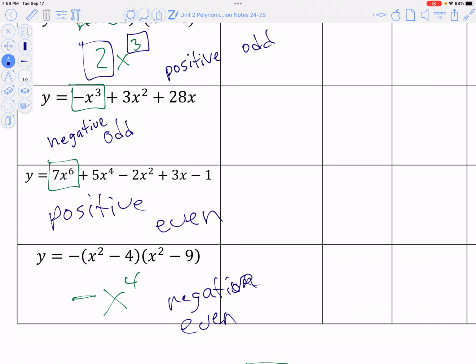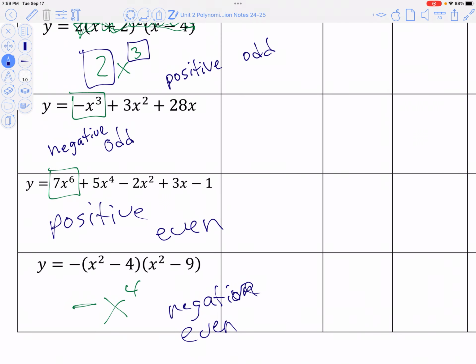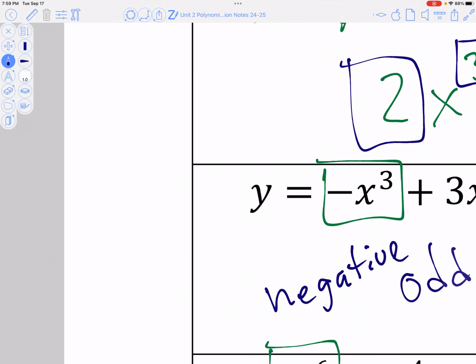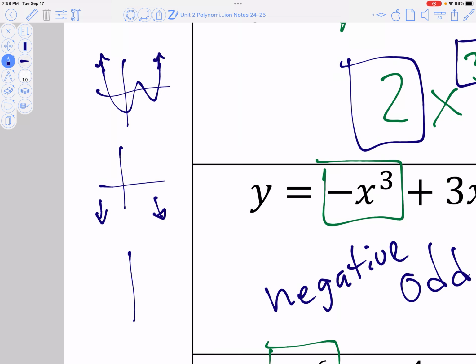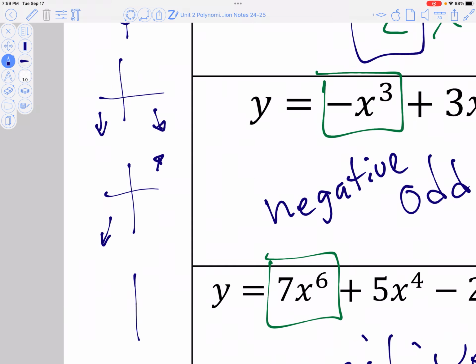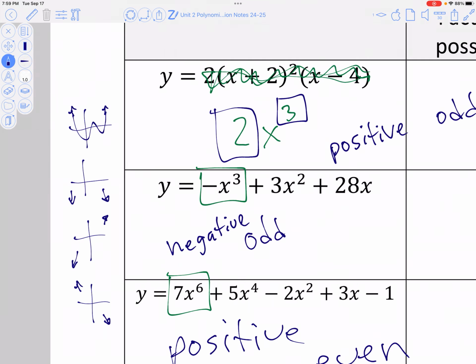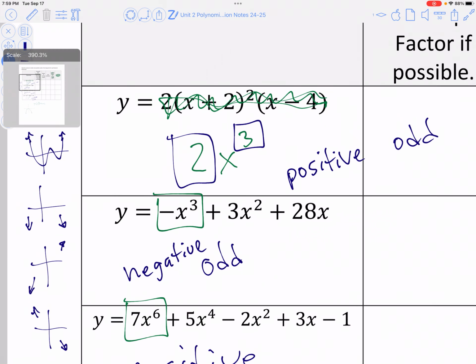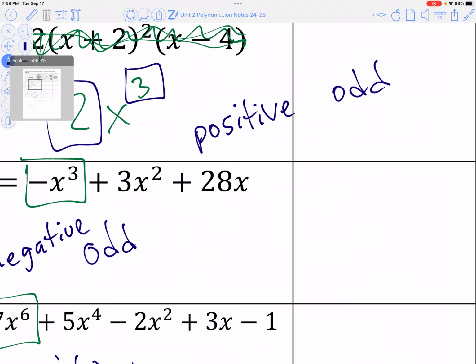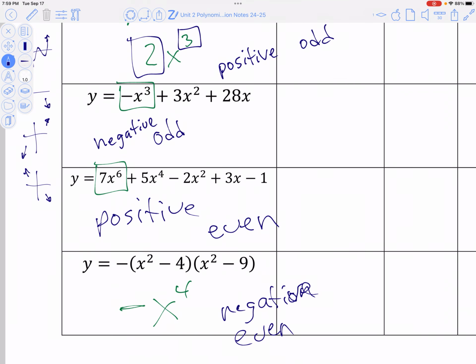Our end behavior has four options for the ends of our graphs. It can go up, up, or down, down, or it could start down and then go up, or start up and then go down. There's other stuff in between, and we'll get into a more formal treatment later. But what you're going to remember is if it's odd, the ends are going to point in opposite directions.